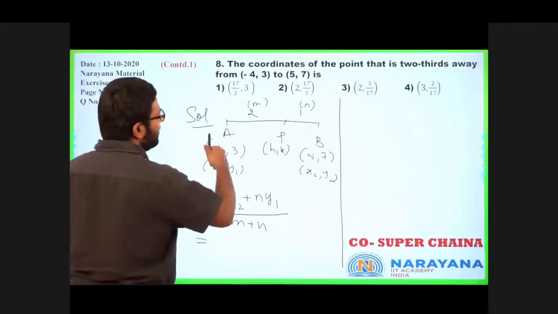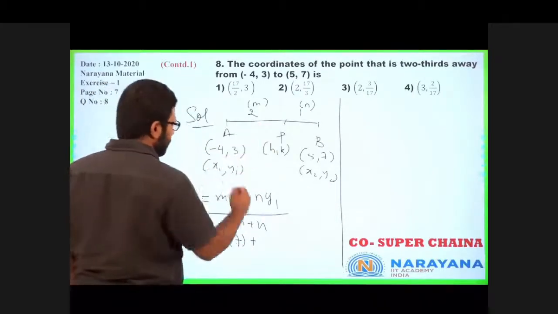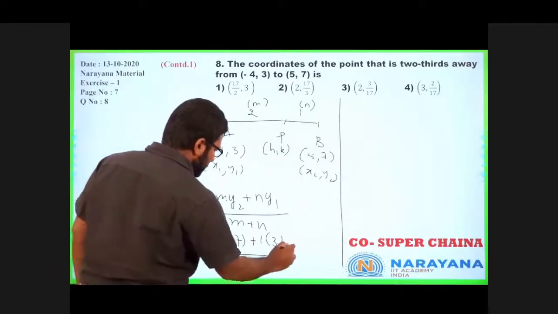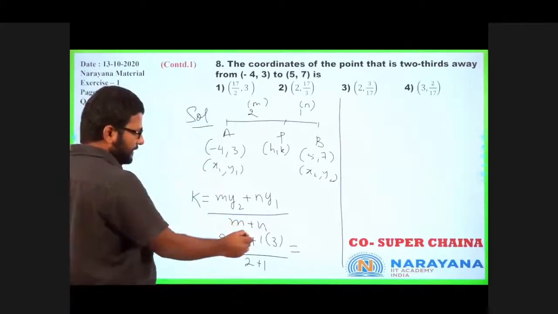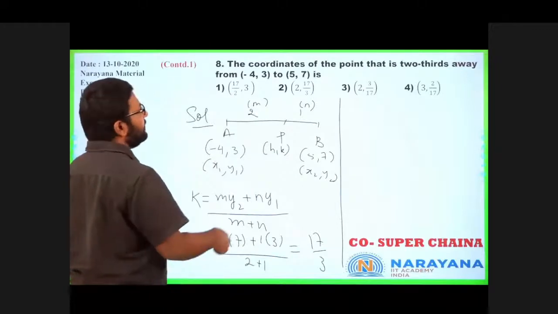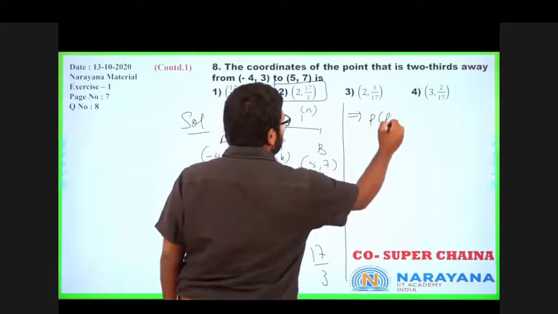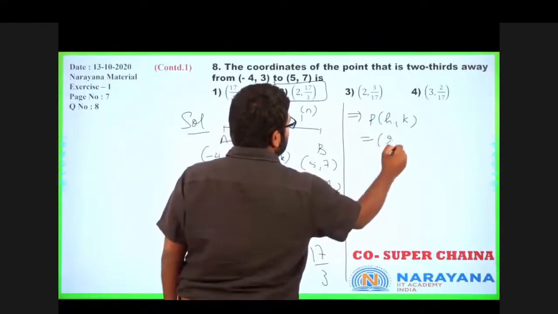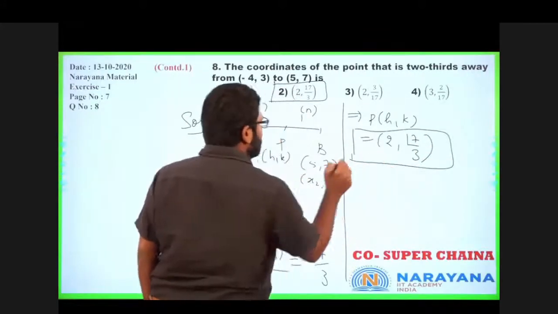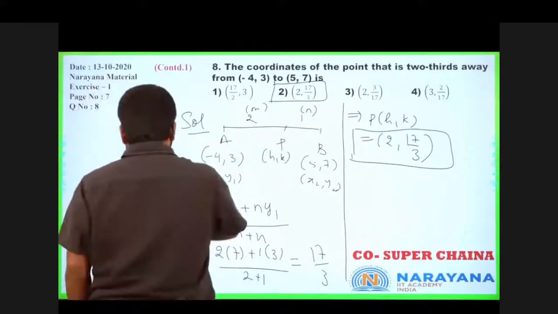So 2 into 7 plus 1 into 3 upon 2 plus 1, right? So that is 14 plus 3, 17 by 3. So h is 2, k is 17 by 3, therefore 2 comma 17 by 3, right? Which means P h comma k is 2 comma 17 by 3. Got it? Yeah? Shall we proceed? Alright, then let us do that.